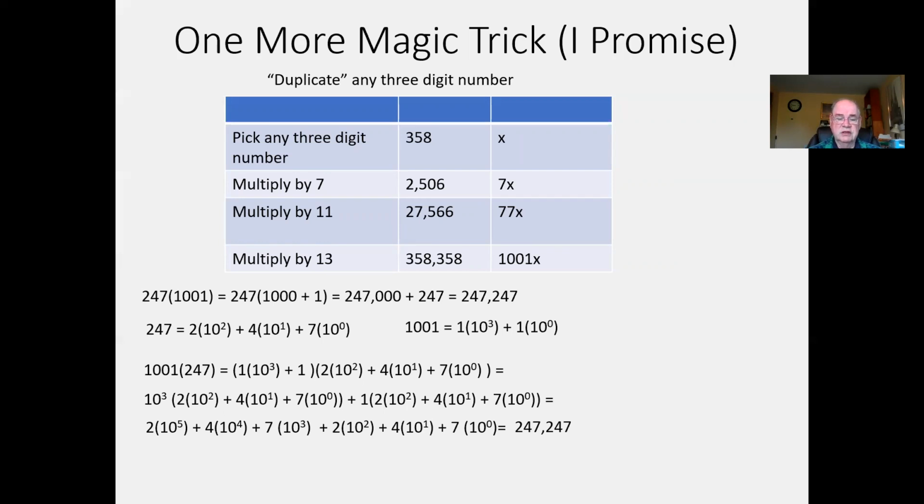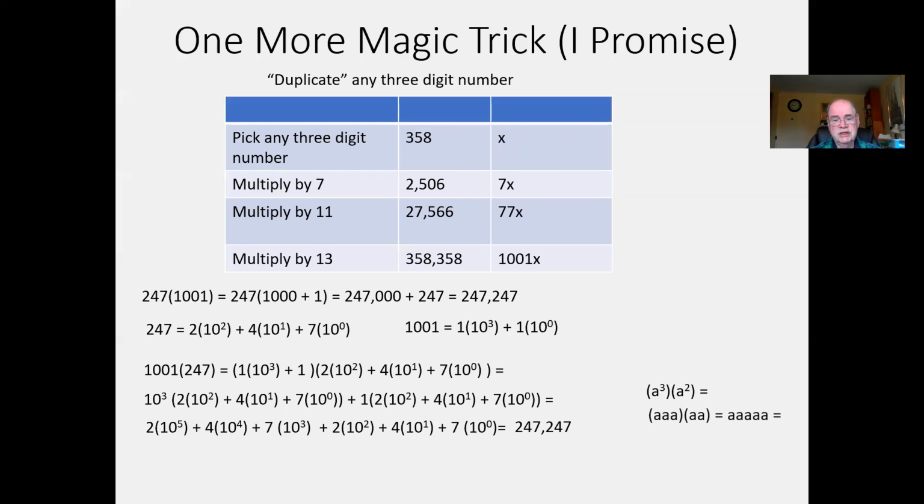And finally, when you look at the final product of 2 times 10 to the 5th plus 4 times 10 to the 4th plus 7 times 10 to the 3rd plus 2 times, etc., that is exactly the meaning of 247,247. So again, just to remind you of what we mean by place value and its importance, and also to demonstrate the law of exponents. What is a cubed times a squared?